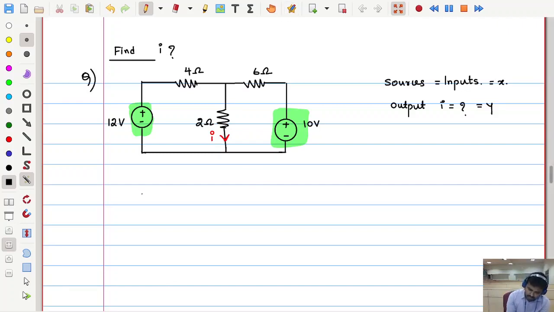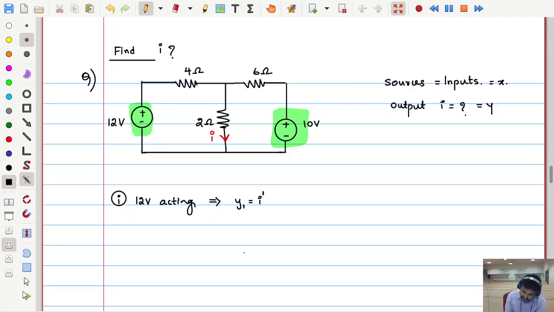So let us say when 12 volts is acting, case 1, it may produce some output. That output let me call y dash or y1, which is equal to I dash.